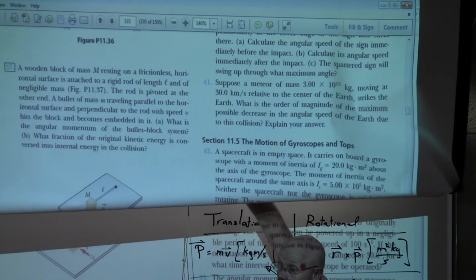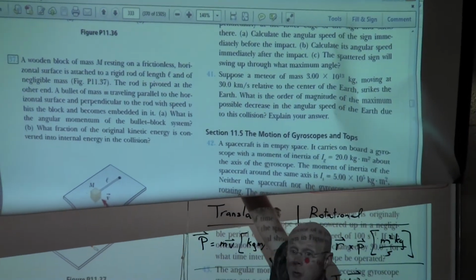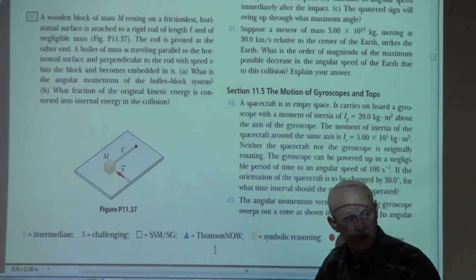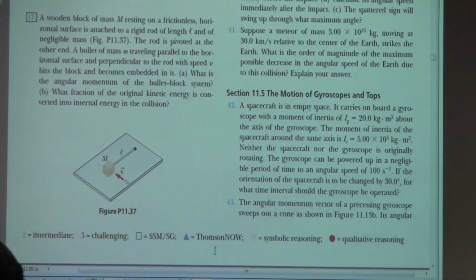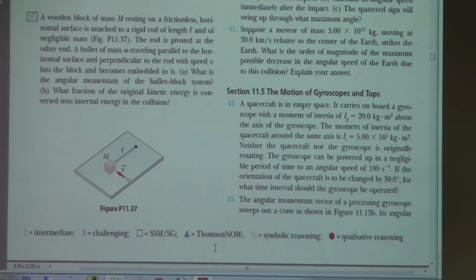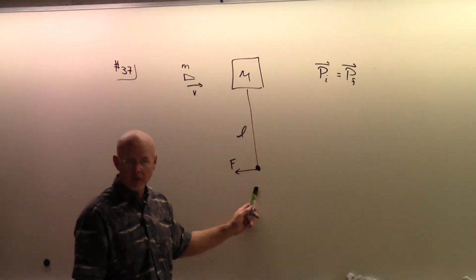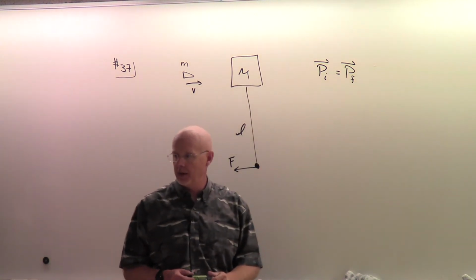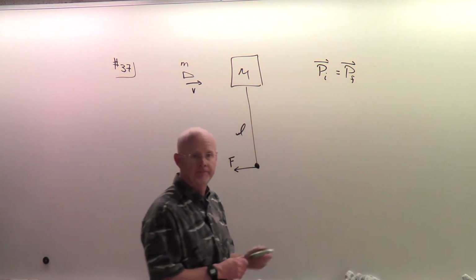That's what that's saying. So you have conservation of linear momentum when you have what? No external forces. Do we have an external force in this problem? Yep. It's right here where the bolt is. Could I apply conservation of linear momentum to this problem? No.